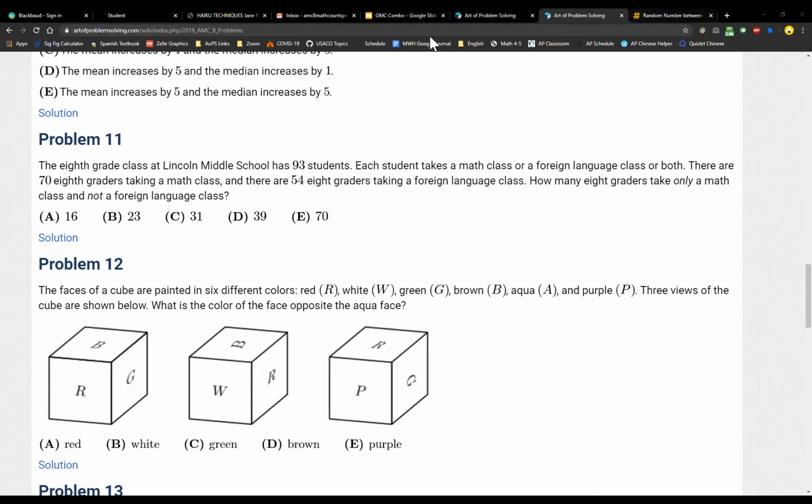All right, let's do 11 first. So there are 93 students. Okay, and they're split either in math classes or foreign languages class. So let's draw a Venn diagram. Okay. Let's have this be math, foreign language.